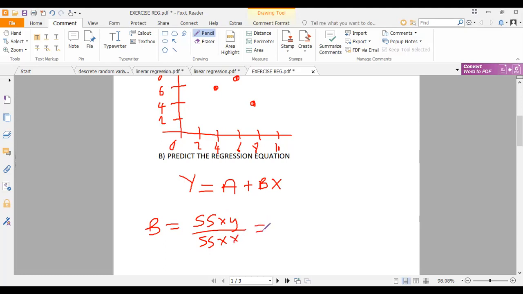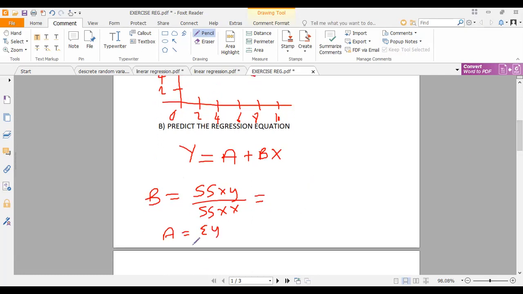And our A will be sum of y over n minus b times sum of x over n. Okay, so first we find all the sums of xx and yy.